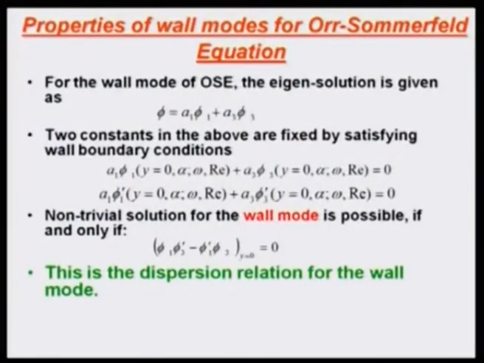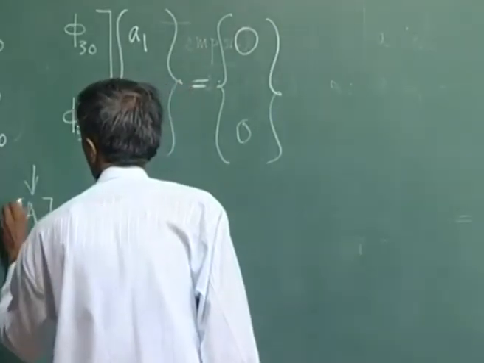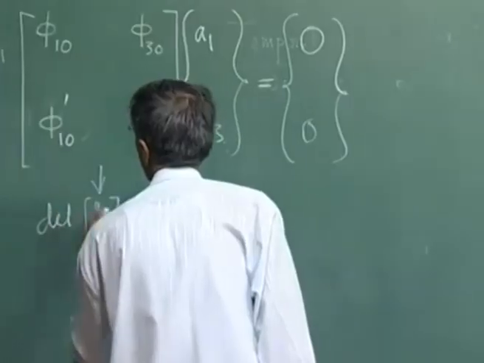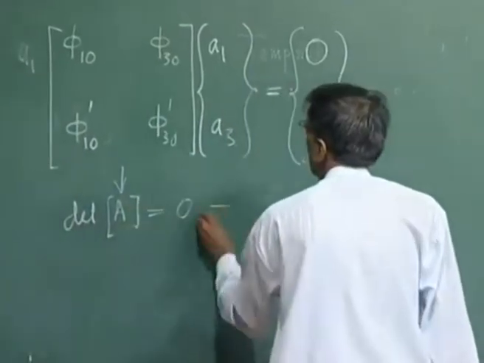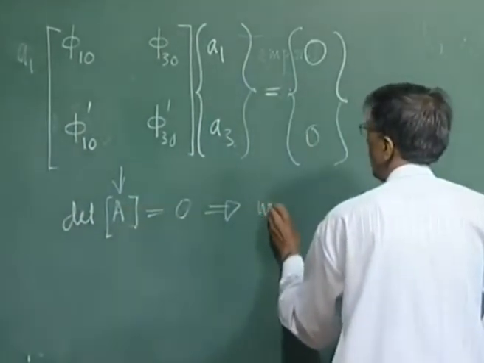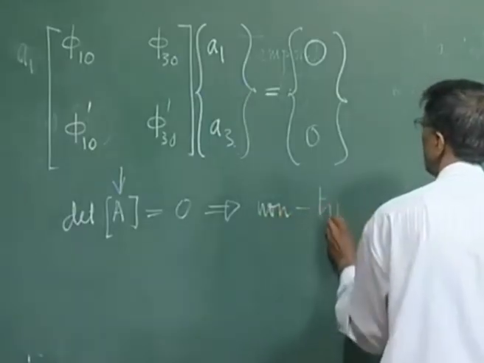If I call this the A matrix, we are going to say that determinant A equal to 0 corresponds to a non-trivial solution.